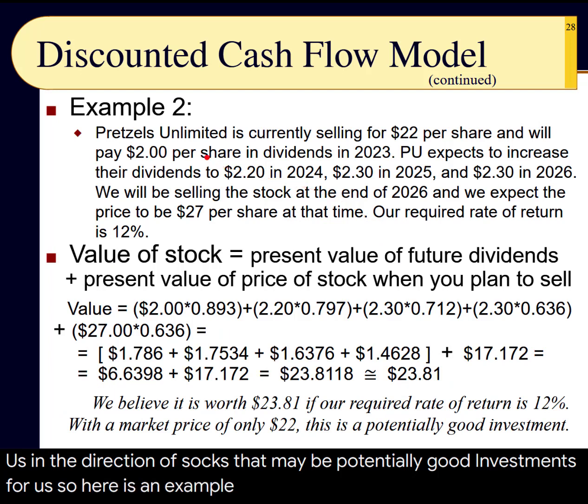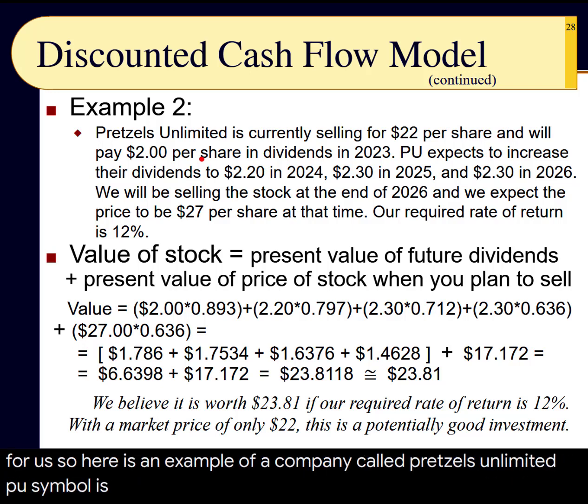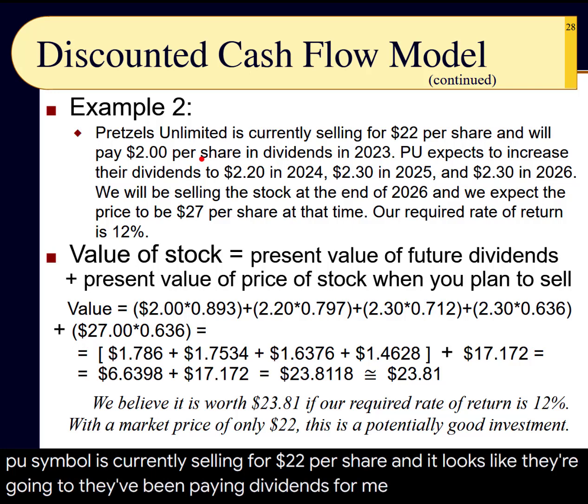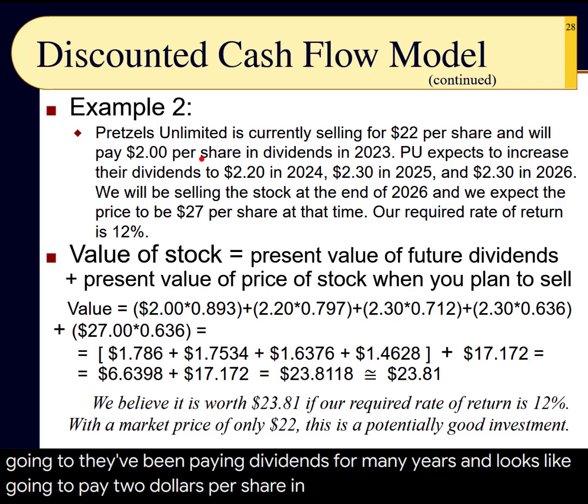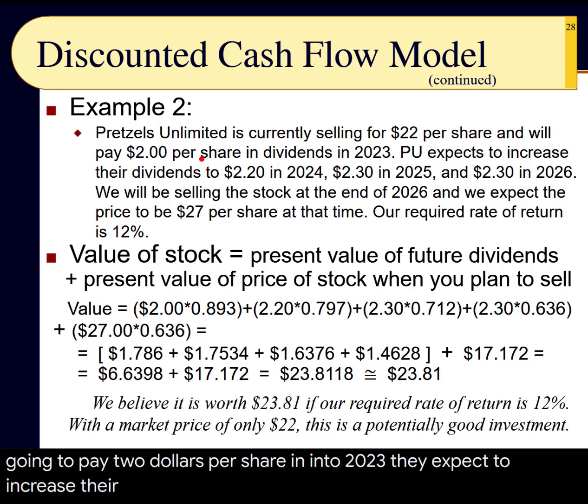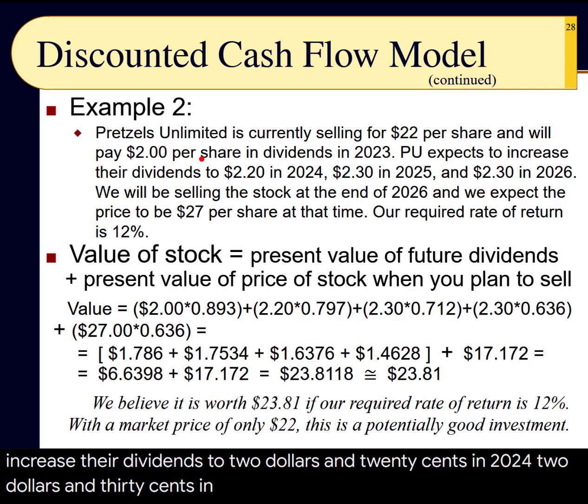Here's an example of a company called Pretzels Unlimited, PU symbol, currently selling for $22 per share. It looks like they've been paying dividends for many years, and they're going to pay $2 per share in 2023. They expect to increase their dividends to $2.20 in 2024, $2.30 in 2025, $2.30 in 2026.